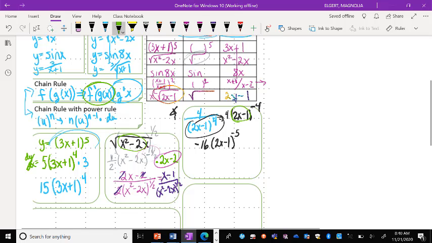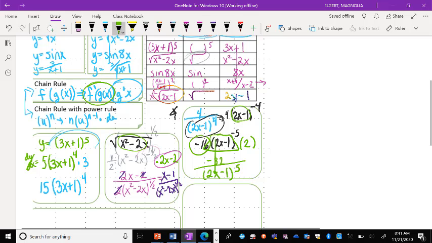So the derivative of that inside would be just 2. And now I'm going to simplify. This whole thing is the base with a negative power, so it's going to go in the denominator. I'm going to take this negative 16 times 2, so I'm going to get negative 32 over 2x minus 1 to the 5th.